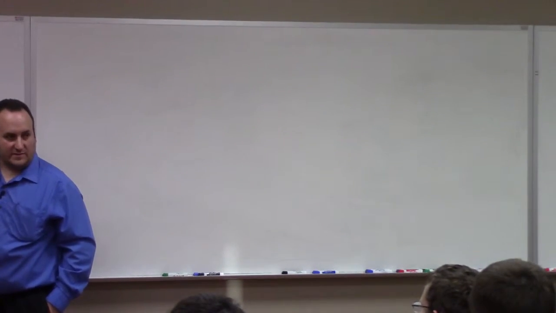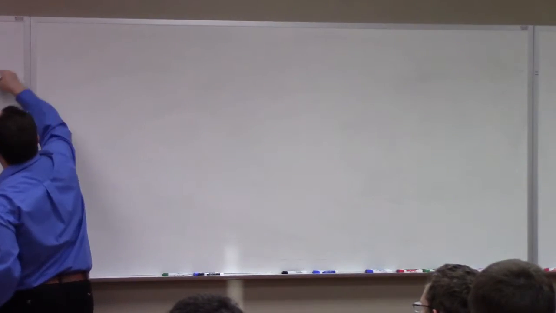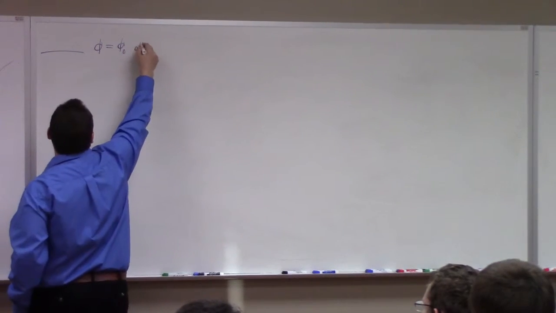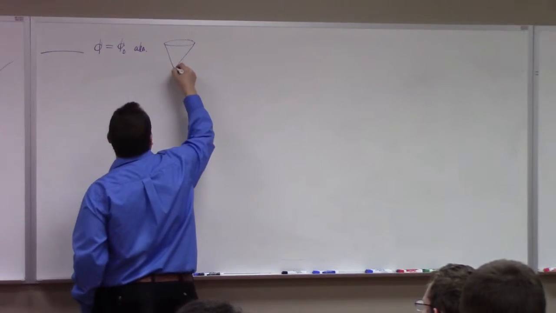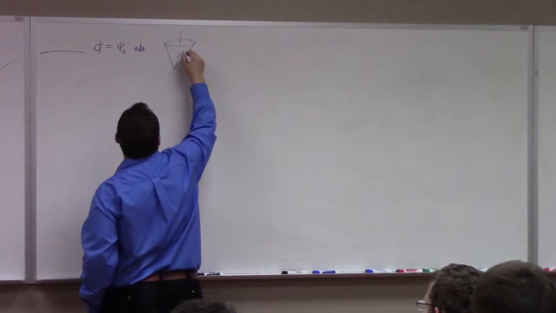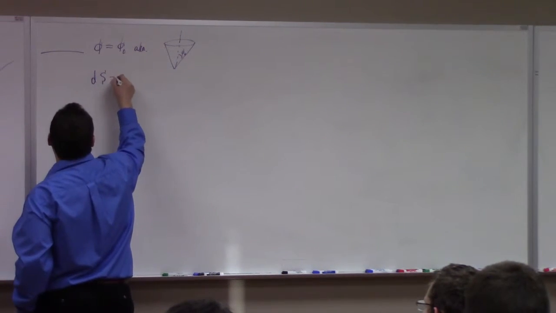So if there's any justice, we should hope maybe to get from this to phi equals phi naught, aka a cone, right? What should dS be for the cone?